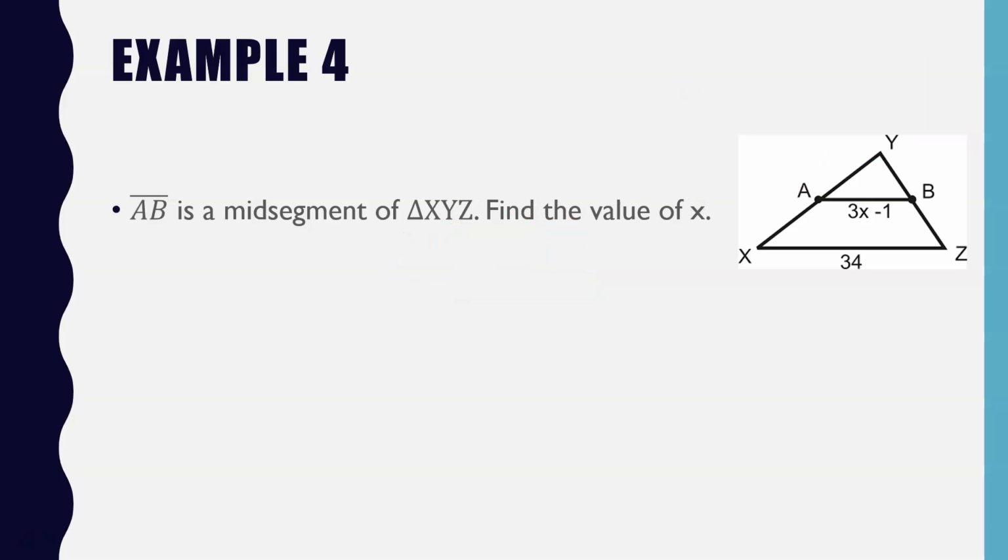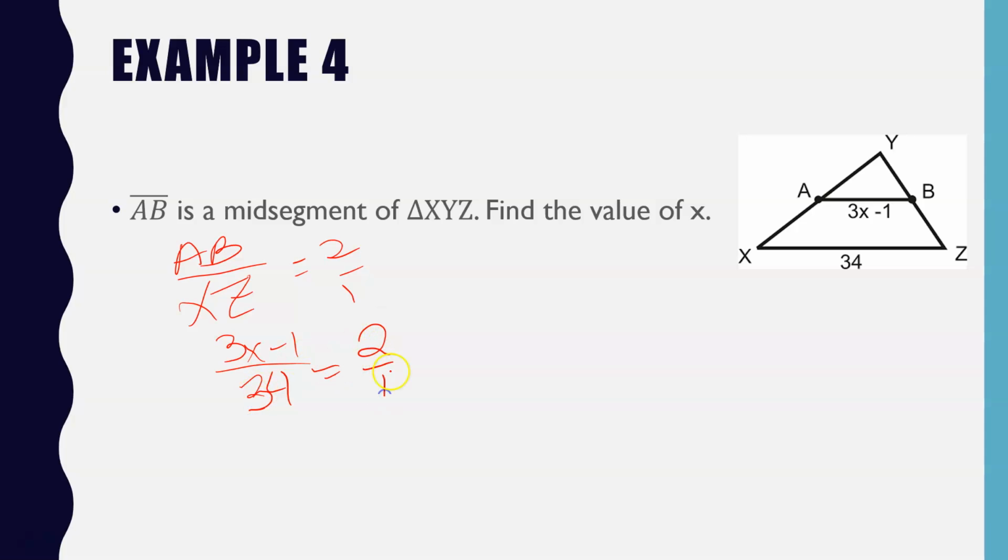Okay. So this one is having me compare the midsegment to its parallel line. So remember, our proportion is AB to XZ is 2:1. And then I replace what AB is and XZ is. So I have 3x minus 1 over 34 equals 2 over 1.